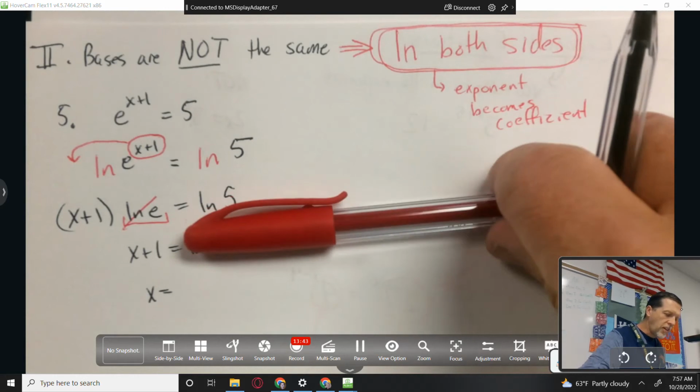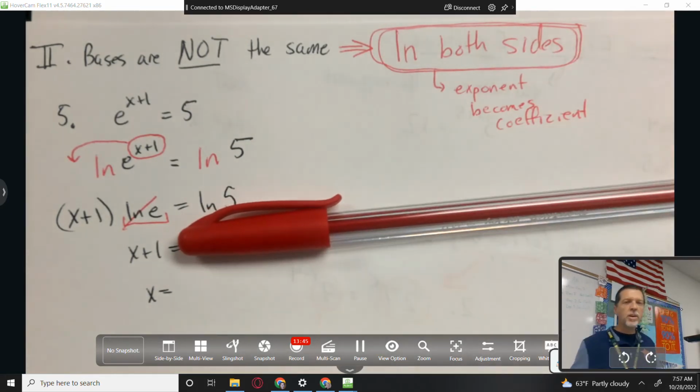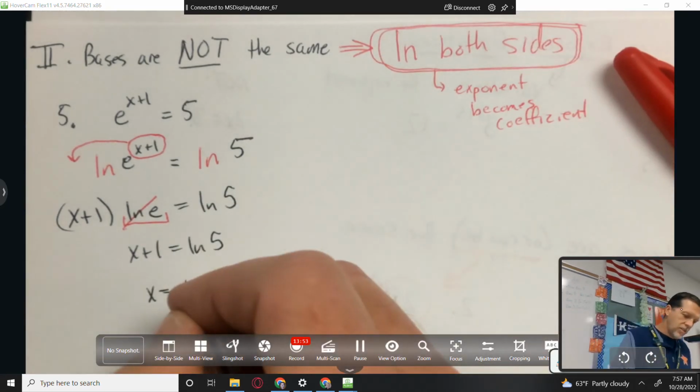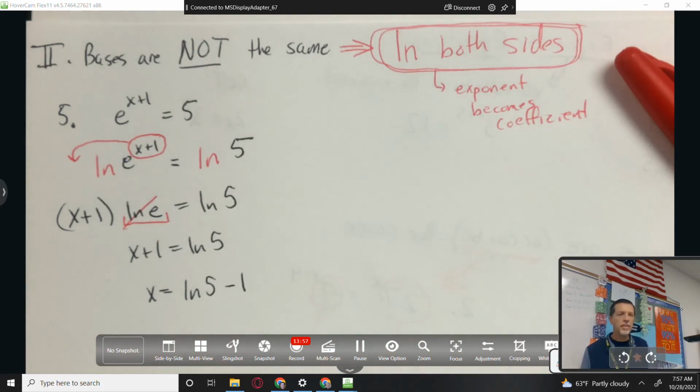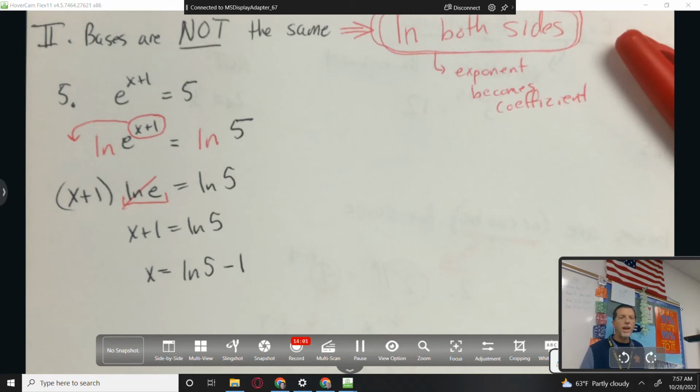Alright, natural log 5 is ugly, but if I had x plus 1 on one side by itself, and I wanted to get x by itself, what would I do? Subtract 1. So natural log of 5 minus 1. And that's what we call an exact answer, and we're okay with an exact answer.